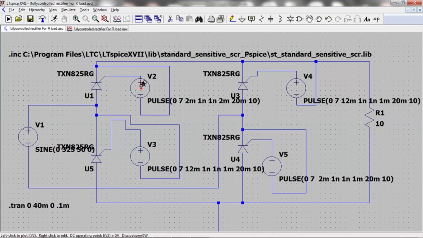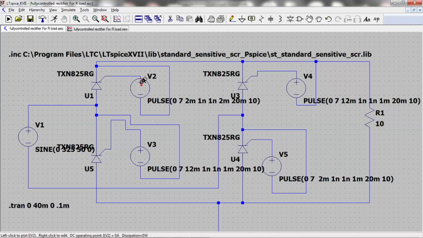Means a pulse generation circuit is required. It should give pulses to the gate. Always assume that if this is a pulse generation circuit, the positive I should connect here, and the negative terminal I should connect here.